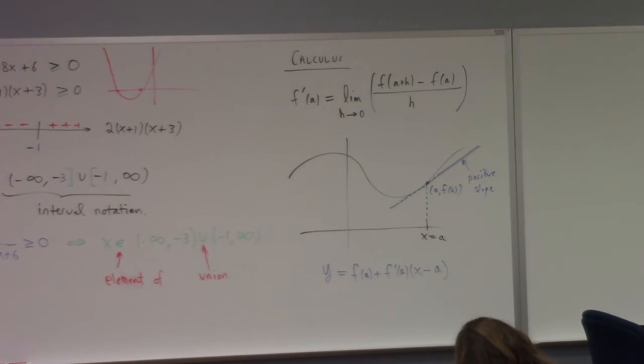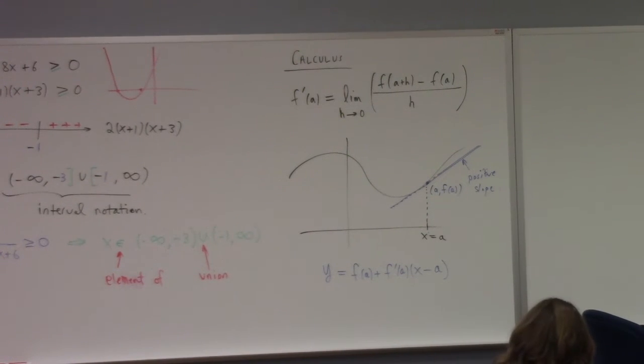It doesn't have to exist, right? There are lots of functions which do not permit a tangent line at a given point, functions which are not differentiable. Can you guys tell me an example of a function which is not differentiable, at least at one point? Absolute value is a good example, right?